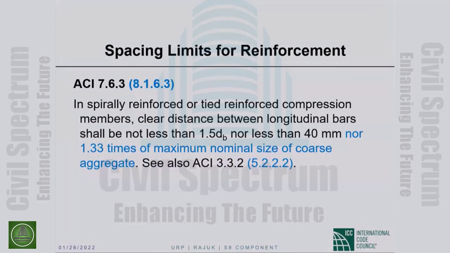The clear distance between longitudinal bars is larger than we just saw. This is now 1.5 bar diameters, not 1 bar diameter, 40 millimeters rather than 25 millimeters, but that has not changed: 1 1/3 times the maximum nominal aggregate size.